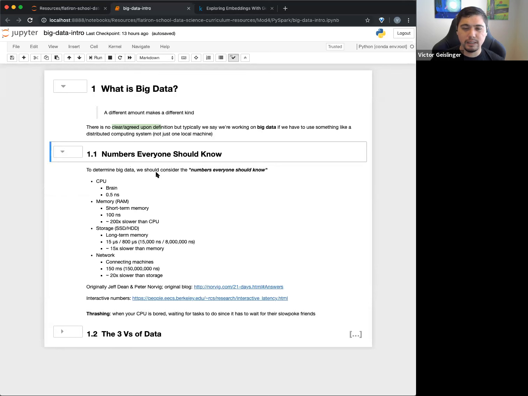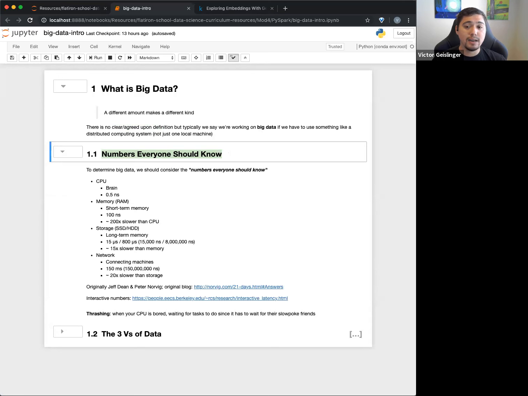This is a little bit aside from the curriculum, but I think it's important to go through: the numbers everyone should know. Just know that these numbers aren't exact. Even the ratios can be a little off depending on what system you're comparing, or whether you're talking about a sequential write or read, or a single read from a specific memory space.